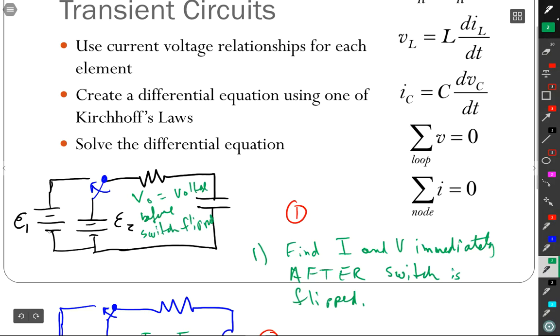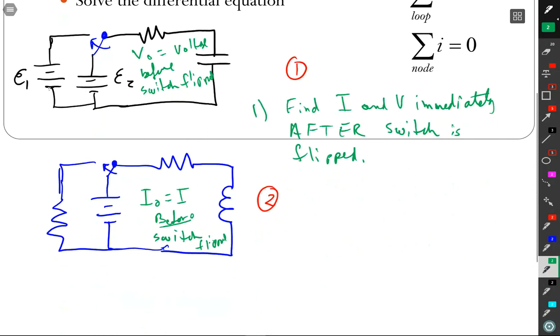So you find the voltage if it's a capacitor or the current if it's an inductor. And once you find that, then you can find the other by looking at the complete circuit. So those are important keys for finding the I and V immediately after the switch.